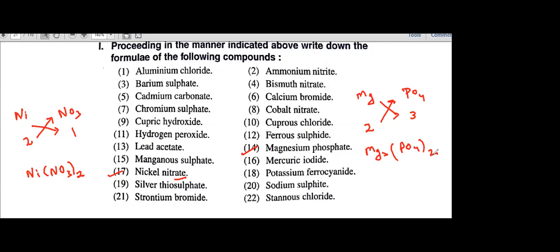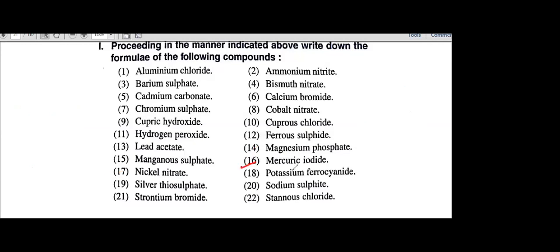Now, any other doubts? Okay. So this was exercise 1. Now the 16th one. Let us see. Mercuric.